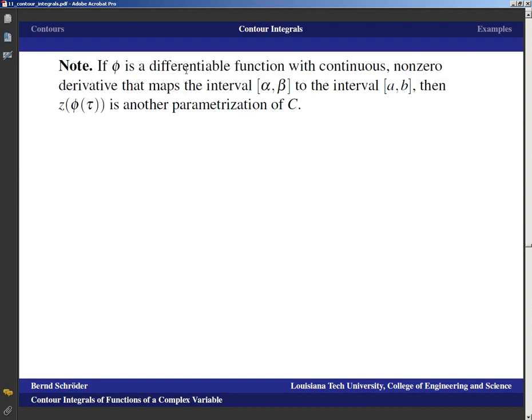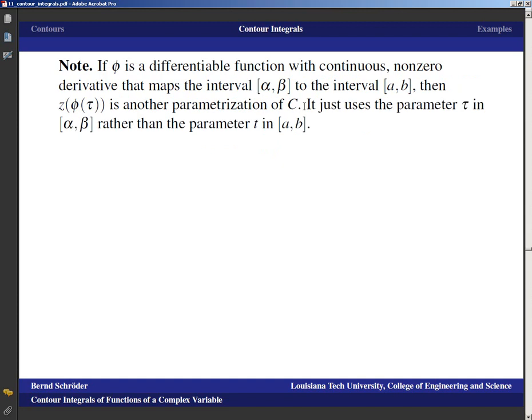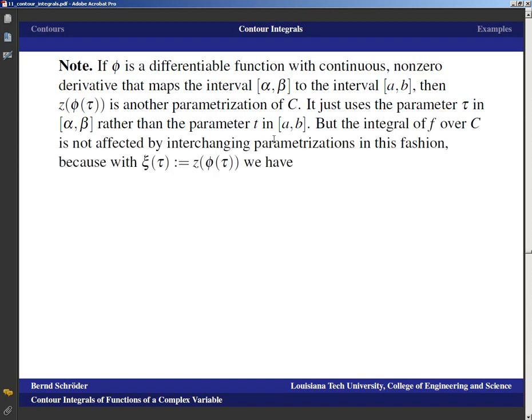Now note that if phi is differentiable with continuous non-zero derivative and maps the interval alpha beta to the interval a b, then z of phi of tau is another parameterization of the same curve c. It just uses the parameter tau in the interval alpha beta rather than the parameter t in the interval a b. But the integral of f over c is not affected by interchanging the parameterizations in this fashion.